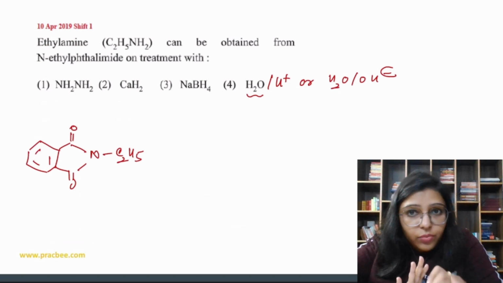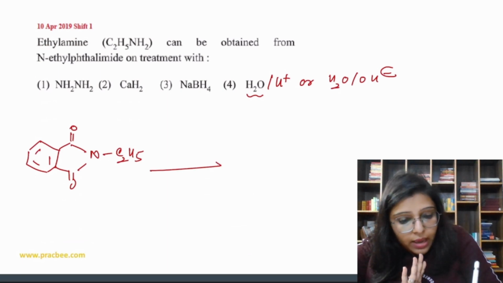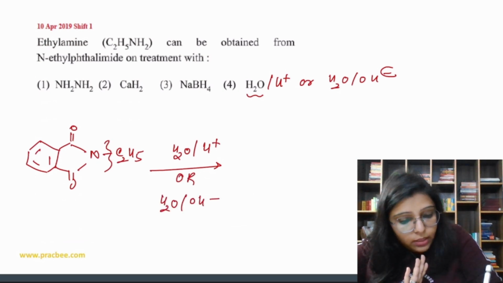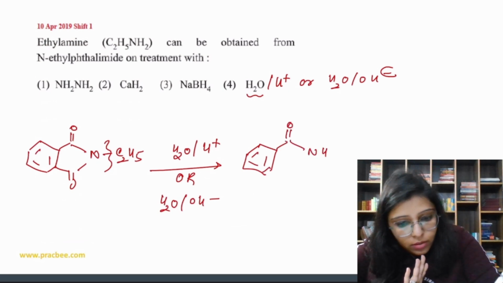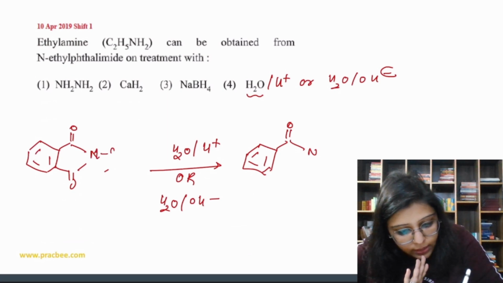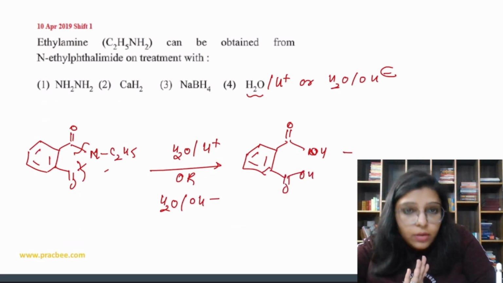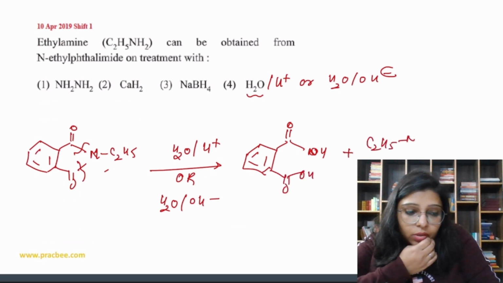If we have H2O/H plus or H2O/OH minus, we are going to break this, and we get the acid with double bond OH plus C2H5NH2.